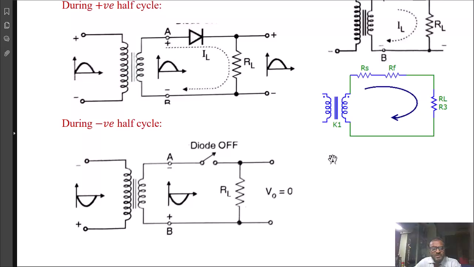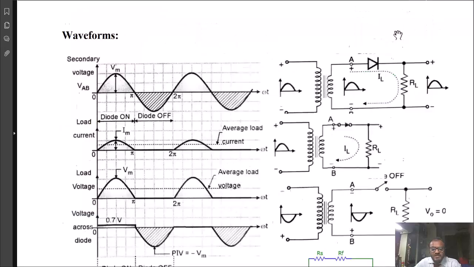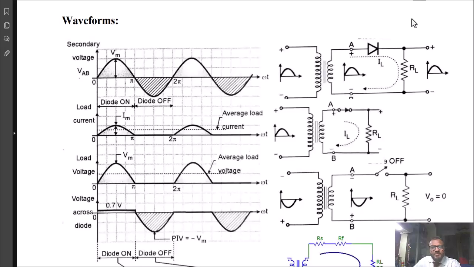Therefore, we conclude that this rectifier rectifies only half of the input cycles, and so it is named the half wave rectifier. Now let us see the same operation and the waveform at various points in the rectifier.